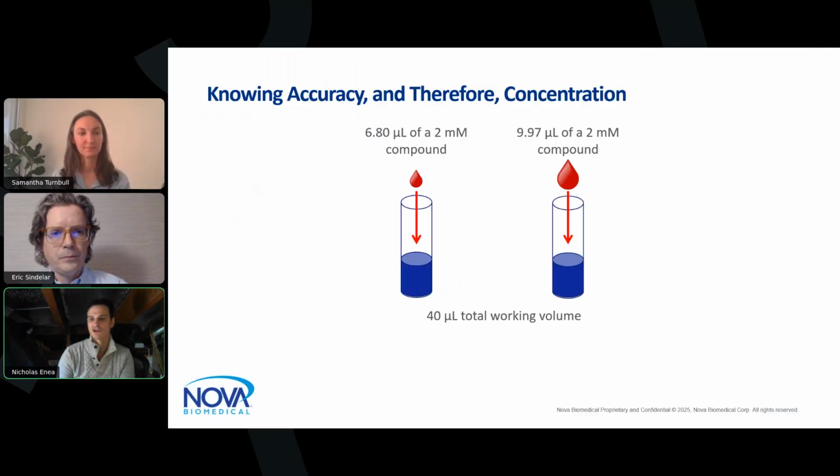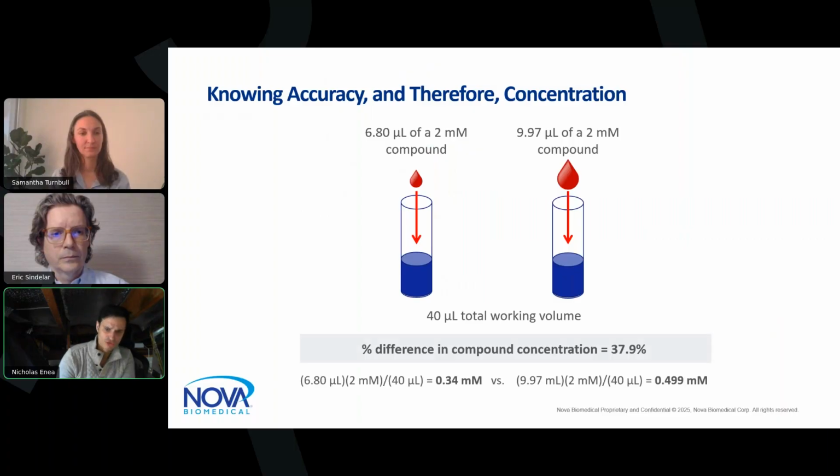So, and it comes to compound management. Those of you on this call that work in this, there's compound volume, there's working volume of what you're putting your compound in for your library. If we think about a couple separate steps, right? Let's say we add 6.8 microliters of our 2 millimolar compound versus 9.97 microliters of our 2 millimolar compound.